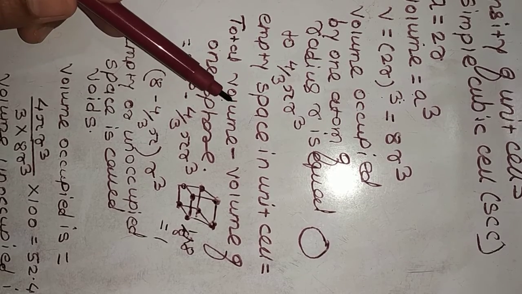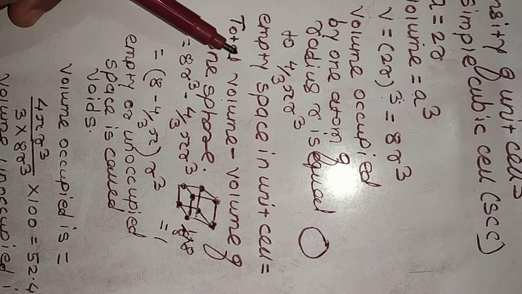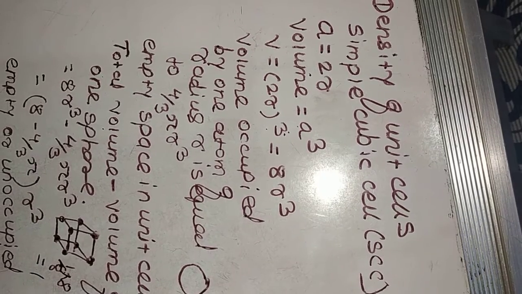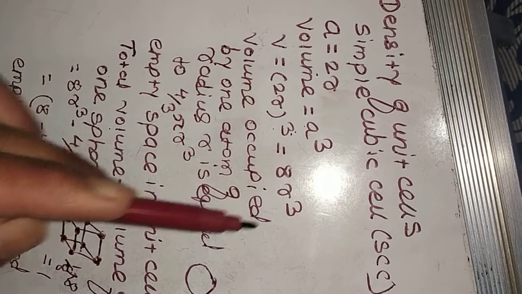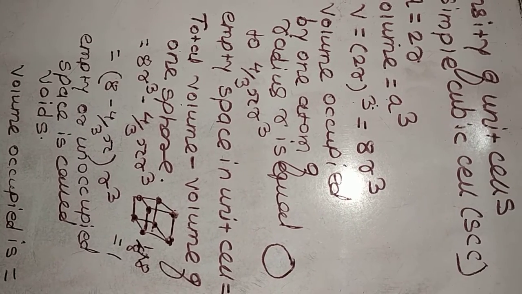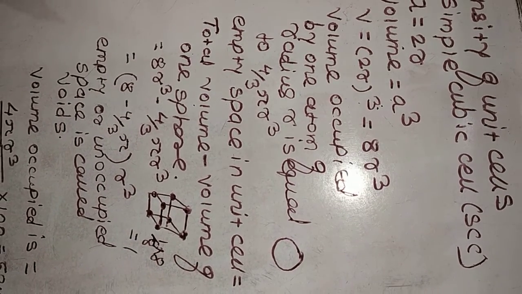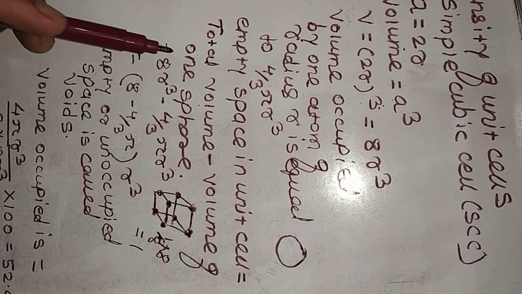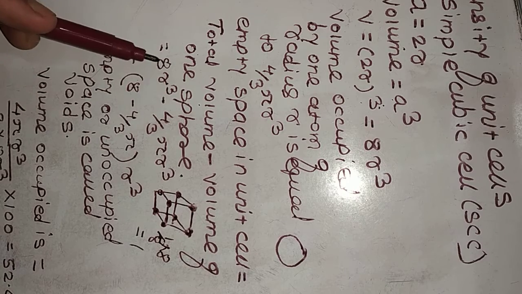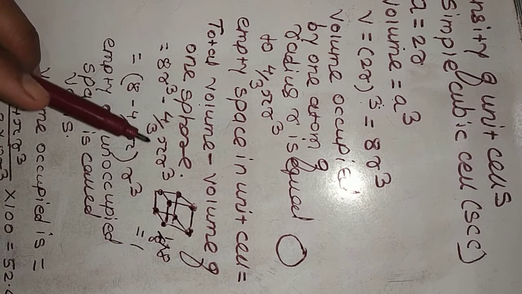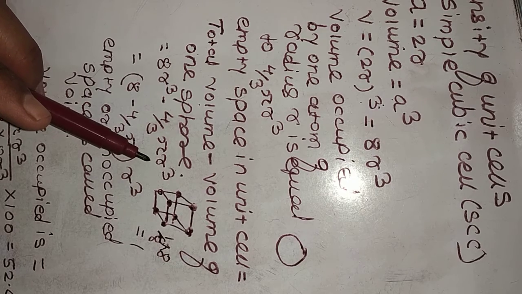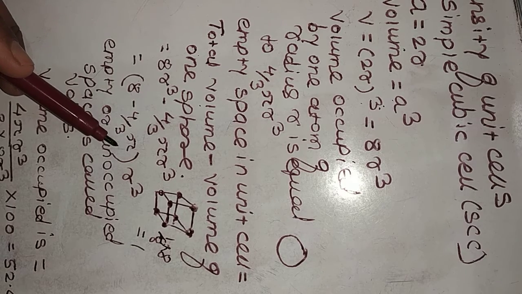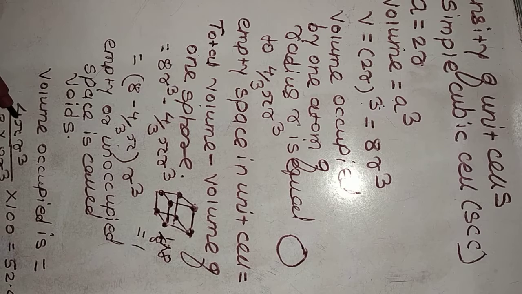The total volume is 8 r cube. I already told you how to calculate this total volume of the cube, it is 8 r cube. So the total volume 8 r cube minus 4/3 pi r cube, the volume of one atom. Then you can put the value of pi here and simplify your calculation.